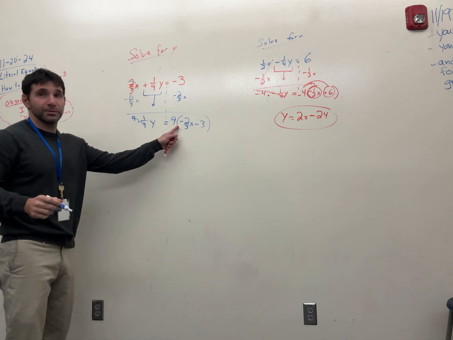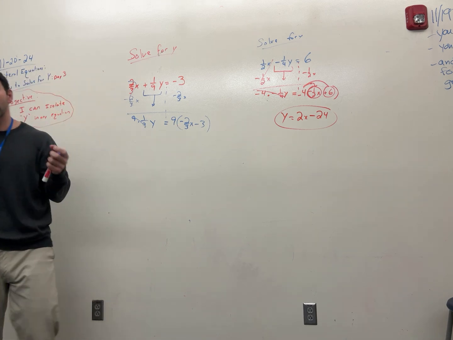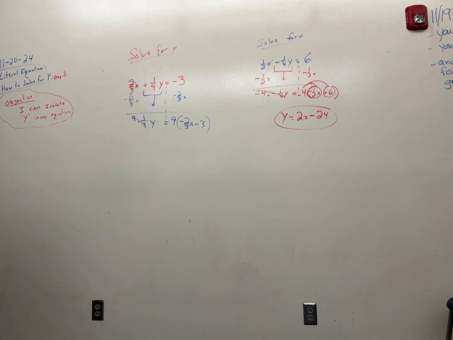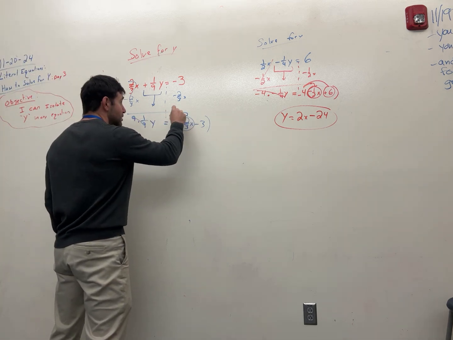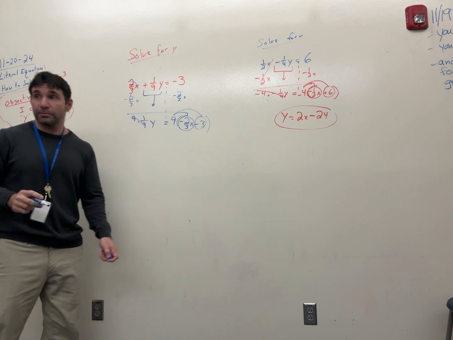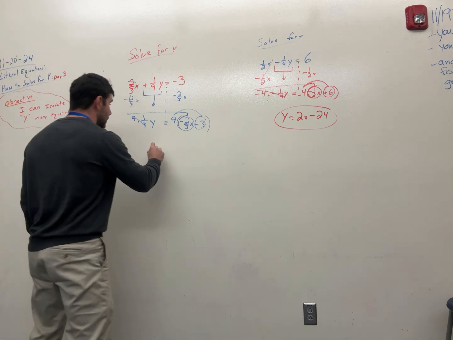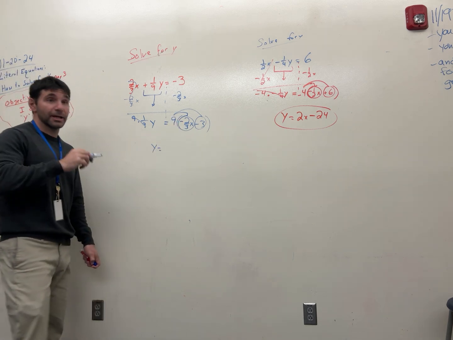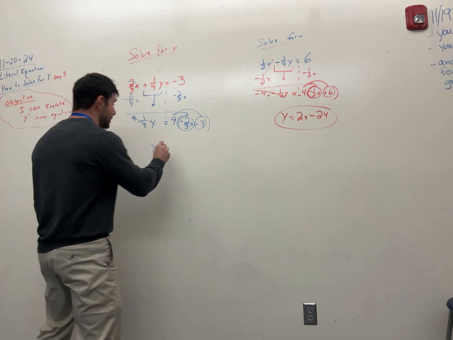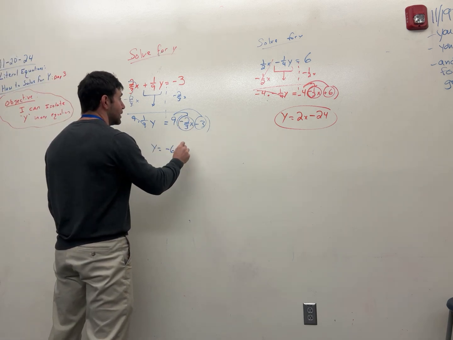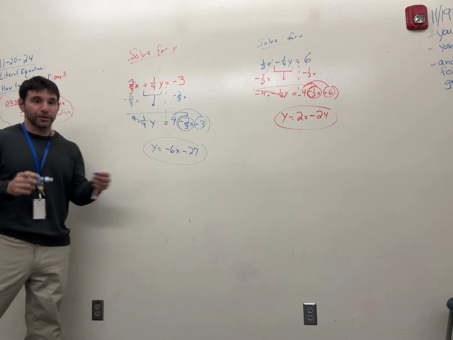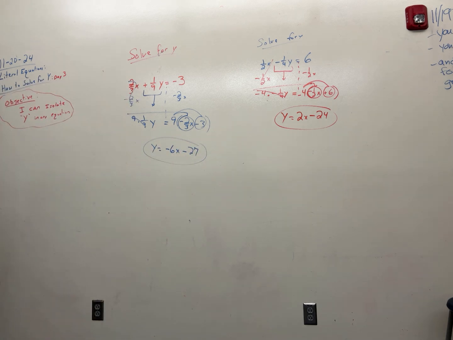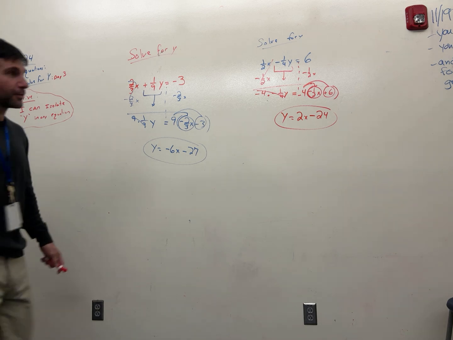Now, why am I doing this with distributing? Remember, when we divide each individual term, this is showing that I'm multiplying to each individual term. Does that make sense? That gives me y equals, in your calculator, 9 times negative 2/3 is negative 6x minus 27. Don't forget the x. That is the most crucial part of this. Do not forget the x.